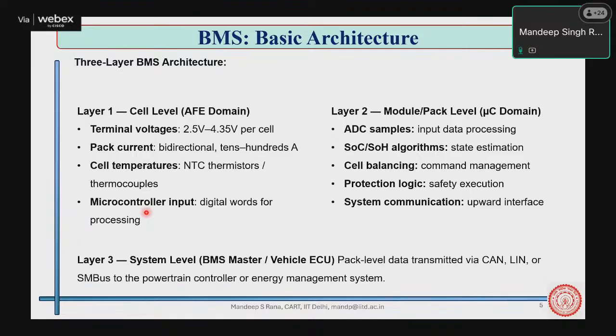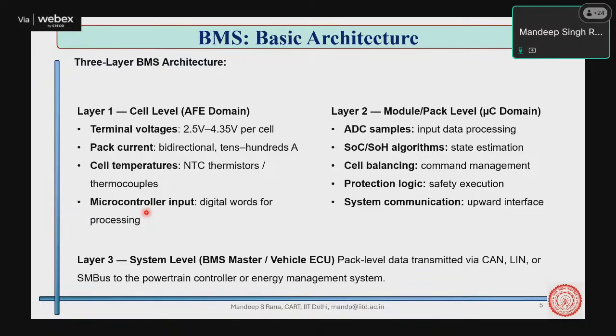Whatever data has been collected by the AFE goes to this next level, which samples data and runs various algorithms over it: SOC, SOH algorithms, cell balancing, protection logic, system communication. And this is the layer which actually sends the information on an EV to the topmost layer.